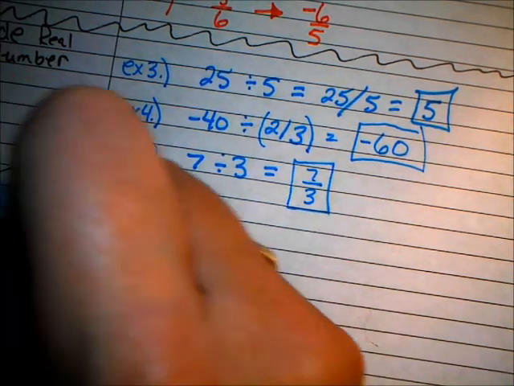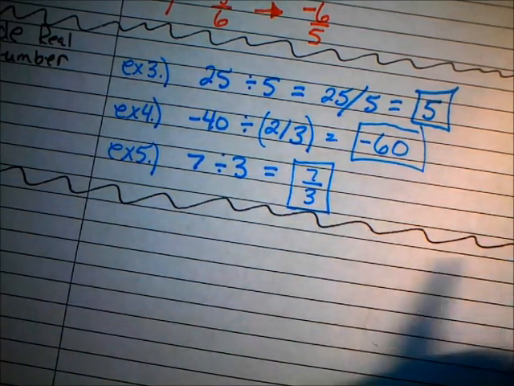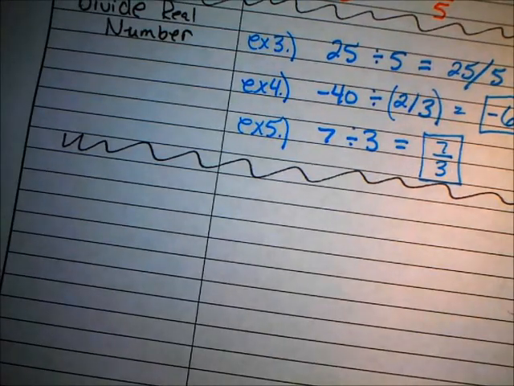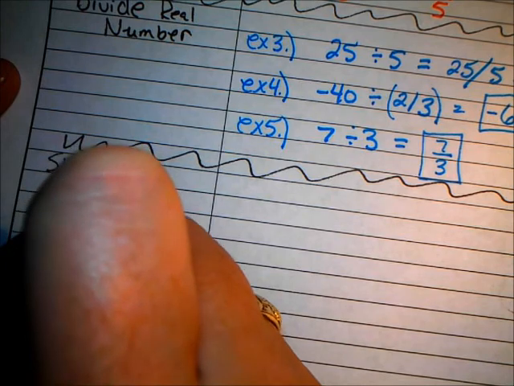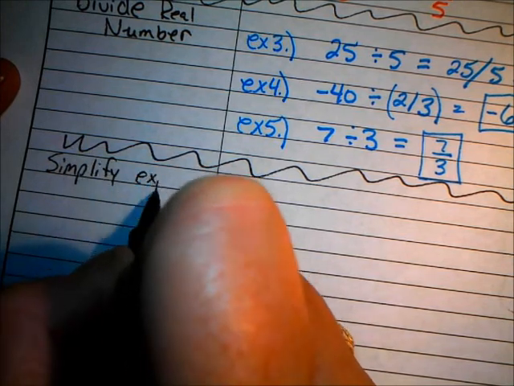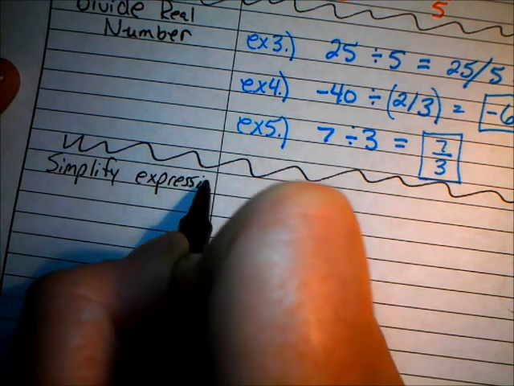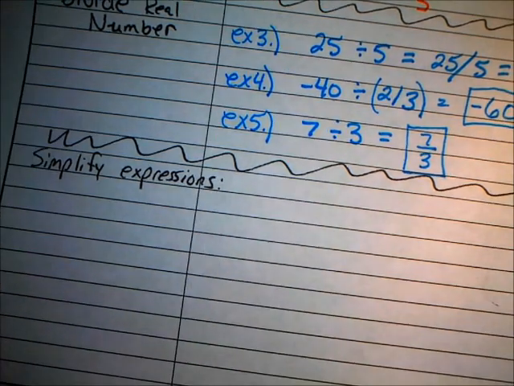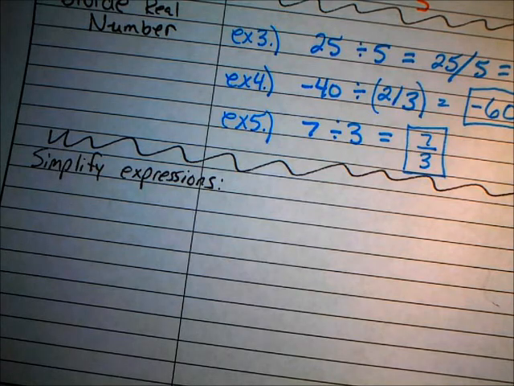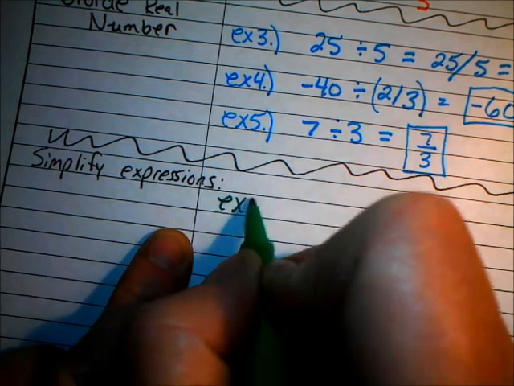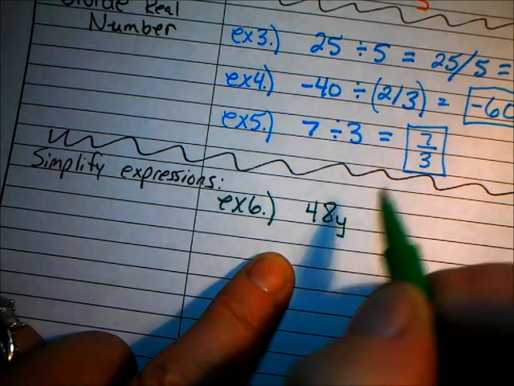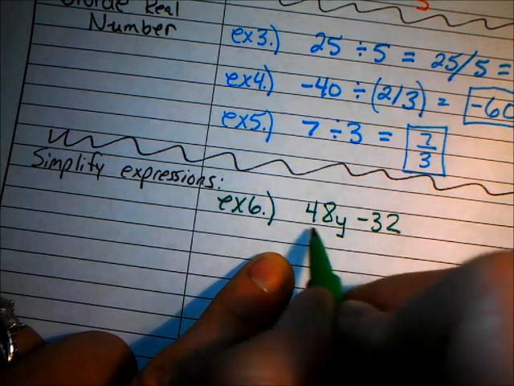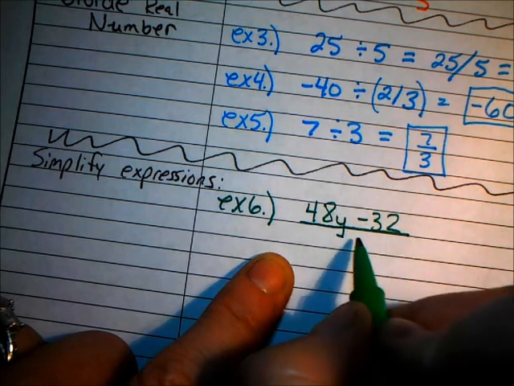Alright, next, we're actually going to be simplifying expressions. If I give you an expression, let's make this example 6, that is 48y minus 32 all divided by 8.